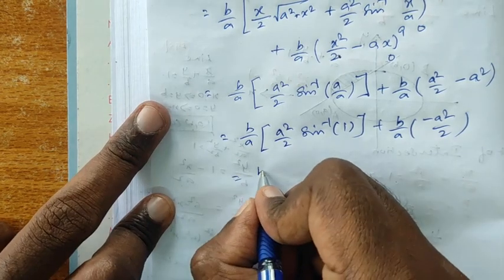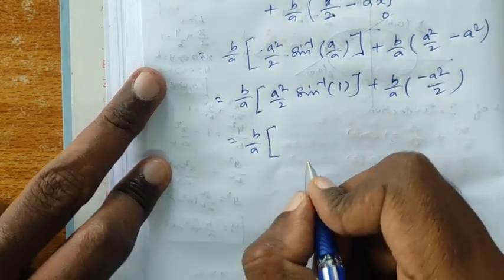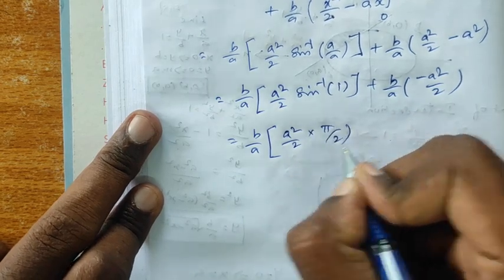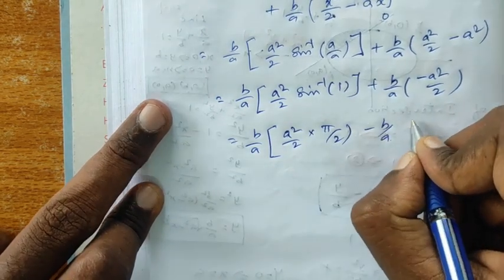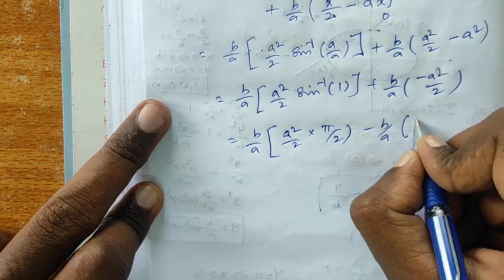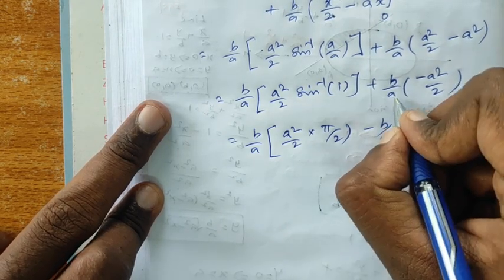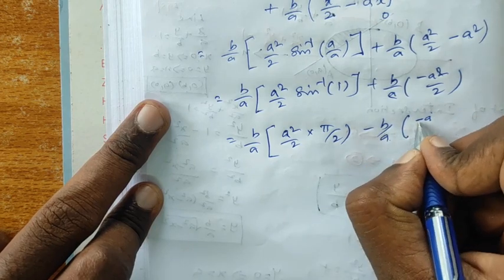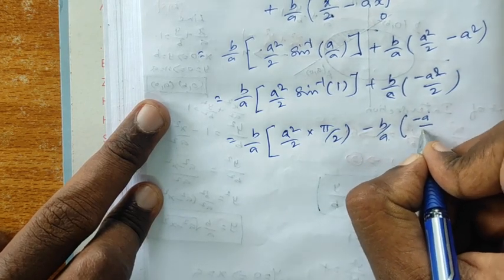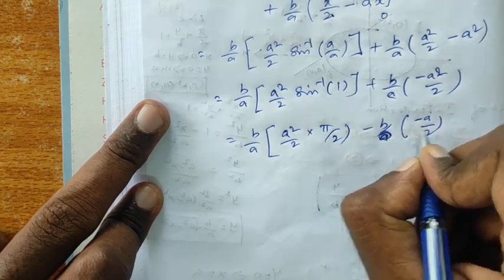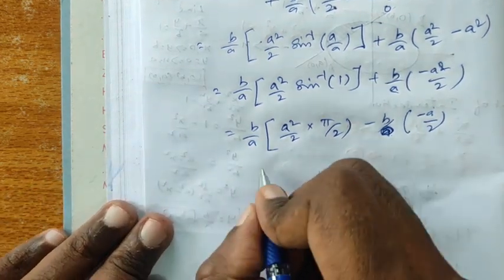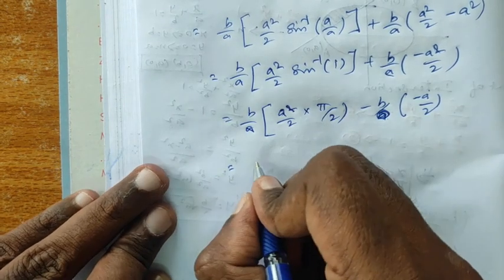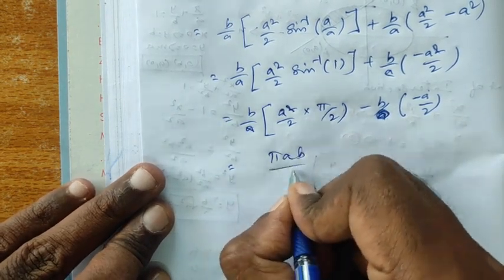So which is equal to b by a into a square by 2 into sine inverse of 1, pi by 2, minus b by a into minus a square by 2. a and a get cancelled. So therefore minus a by 2 minus b into minus a by 2. So which is equal to, a and a get cancelled. So pi ab by 4.